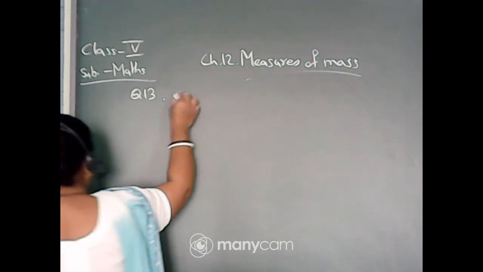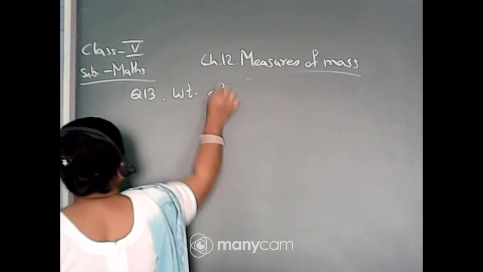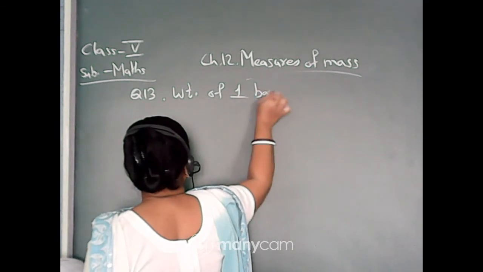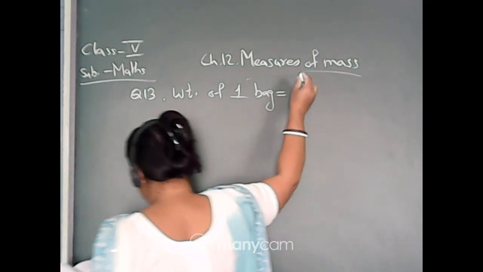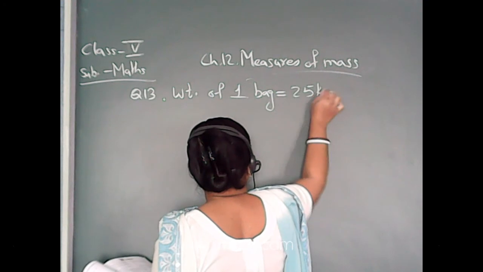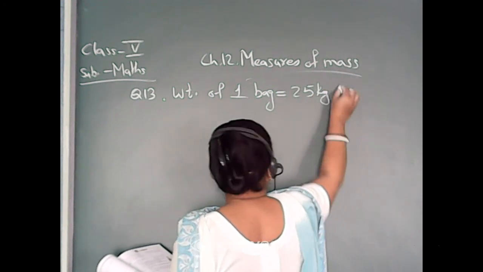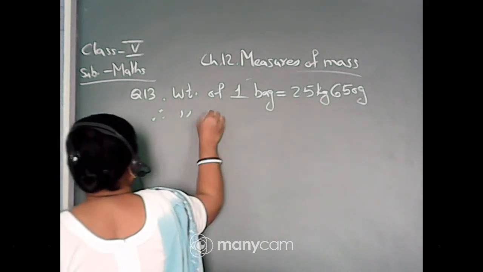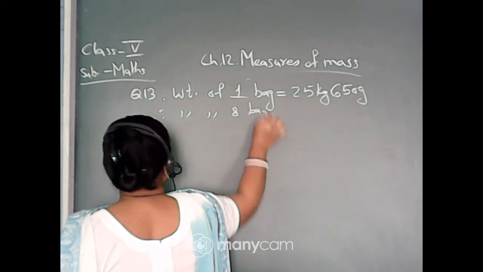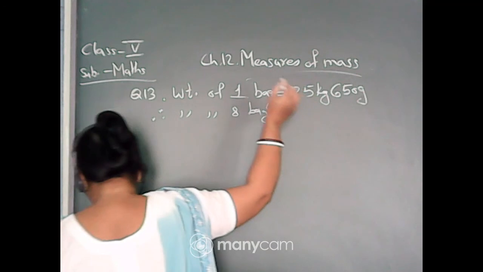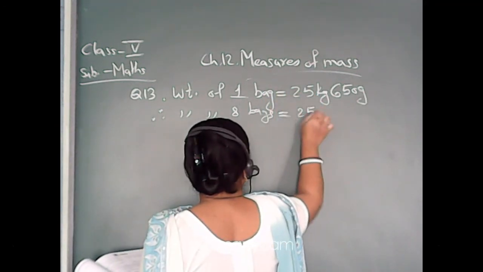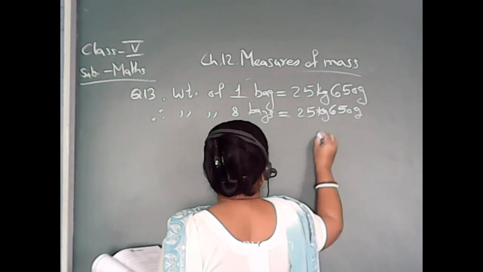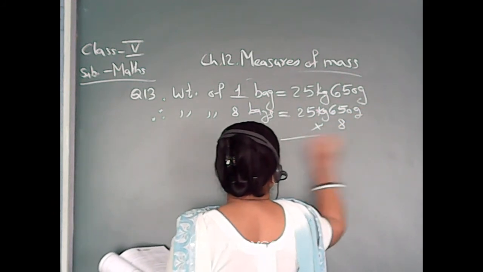So what will you write? Weight of one bag is equal to 25 kg, 650 gram. Therefore, weight of 8 bags is equal to 25 kg 650 gram into 8.